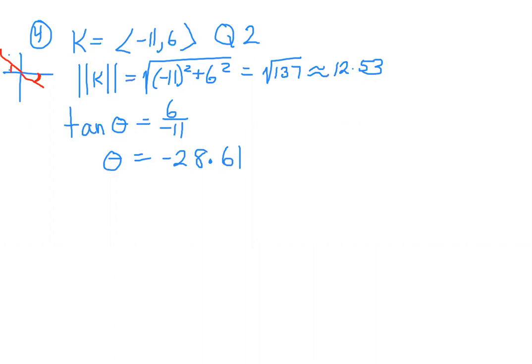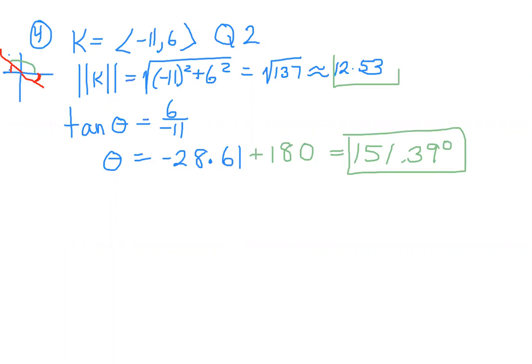So how do we do that? We are going to add 180 to that. So our theta is 151.39 degrees. There's our theta. There's our magnitude. Quadrant 2, we add 180.